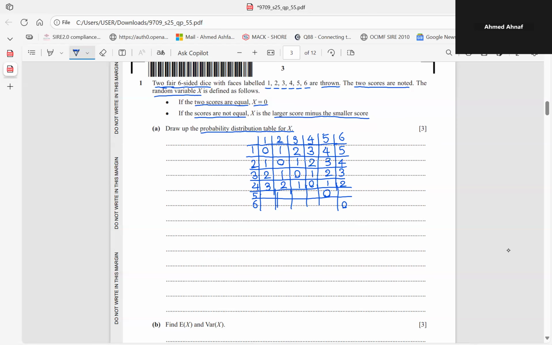And 1 and 5, that's 5 minus 1, 4. 2 and 5, 5 minus 2, that's 3. 3 and 5, 5 minus 3, that's 2. 5 and 4, that's 1. 6 and 5, that's also 1. And this one is 6 minus 2, 4, 3.